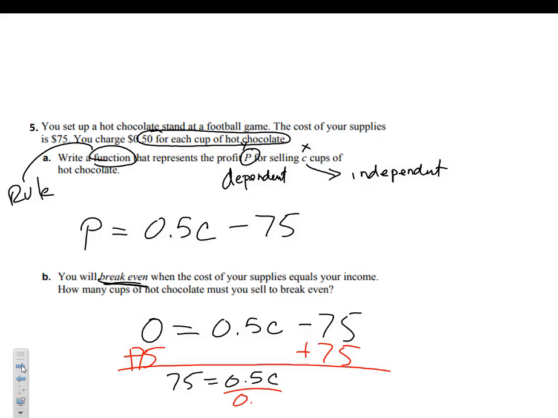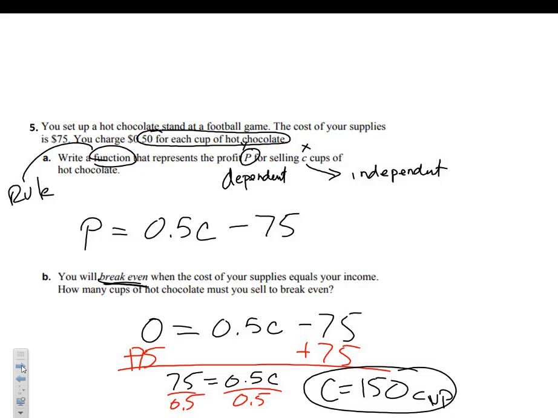We divide by 0.5, and it ends up that the number of cups we have to sell is 150. When we sell 150 cups, we will have made 75 bucks. So then 75 will equal the $75 we spent on the supplies, which means we've just broken even.